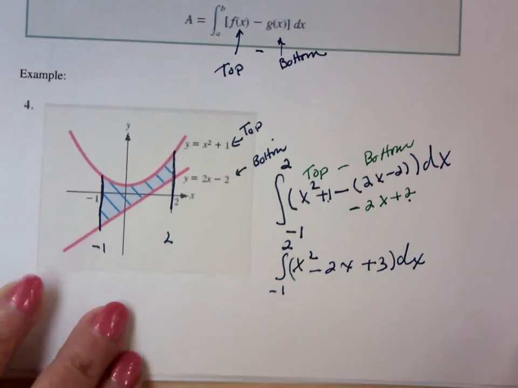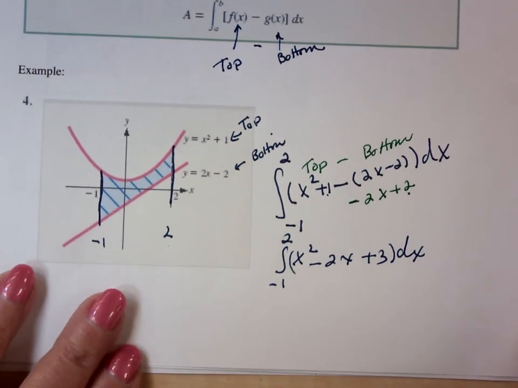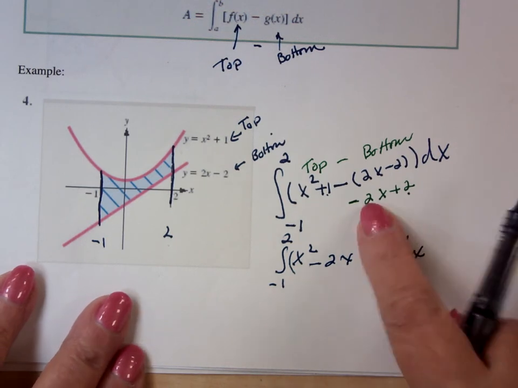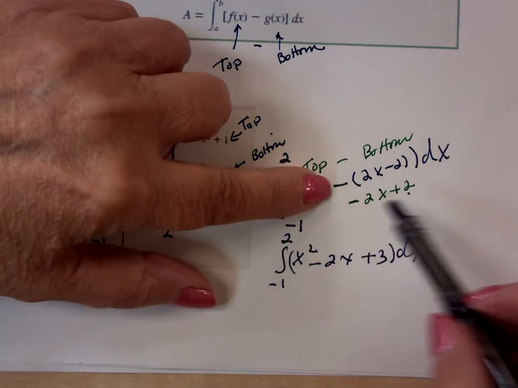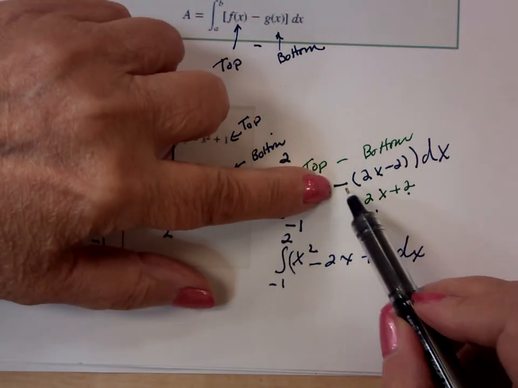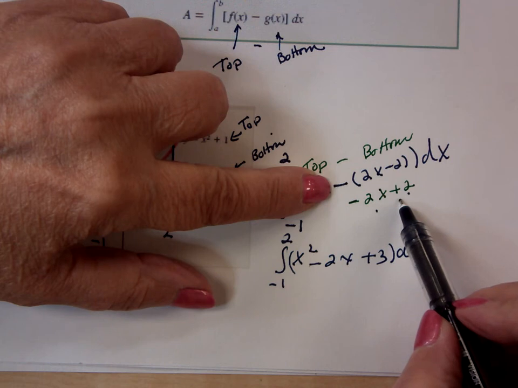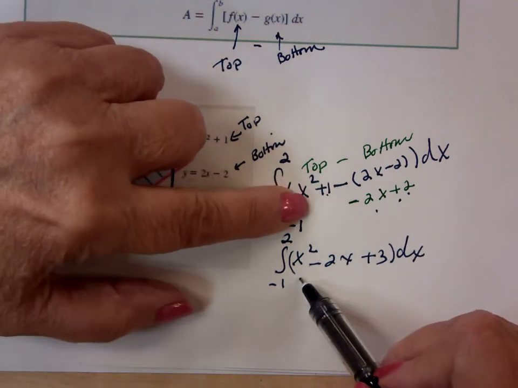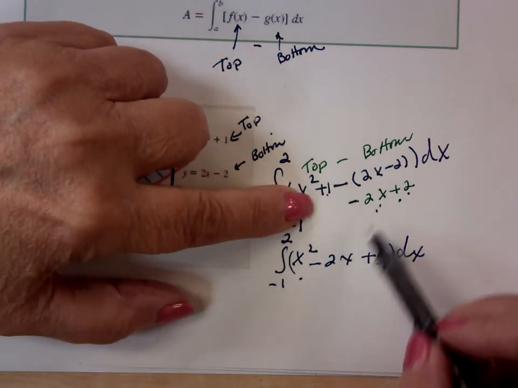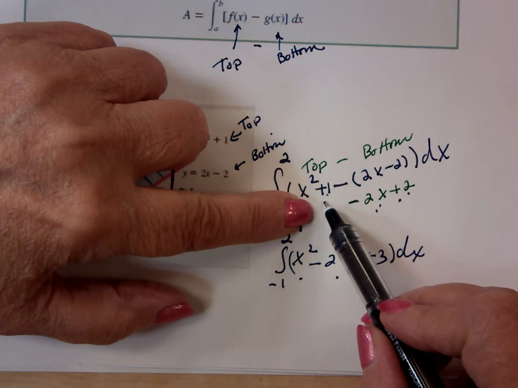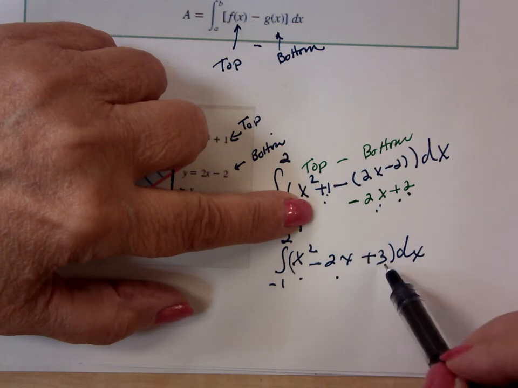And then you would take the antiderivative of that. Hey, wait a second, Johnny. You're doing math in your head. No, I'm not. I'm doing it here. Okay. So minus 2x, yeah, plus 2. Then you have an x squared minus 2x plus 1 plus 2 is plus 3. Okay.